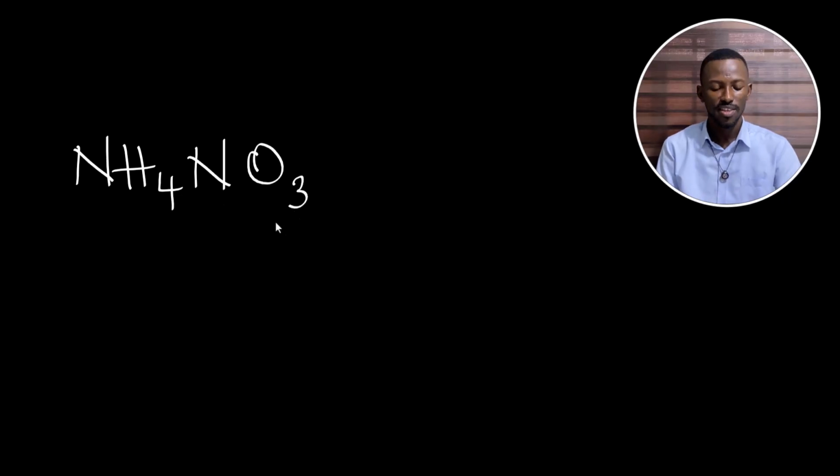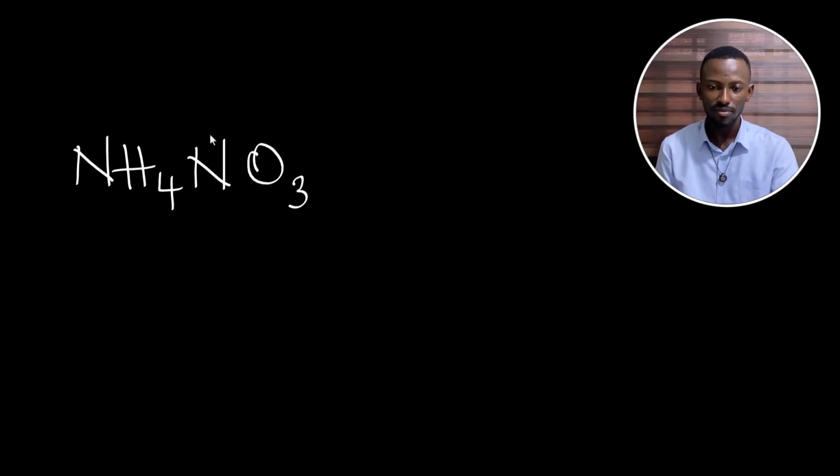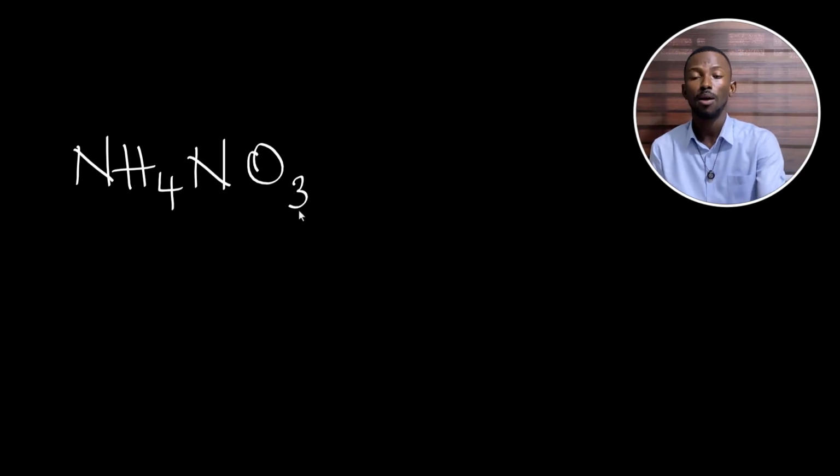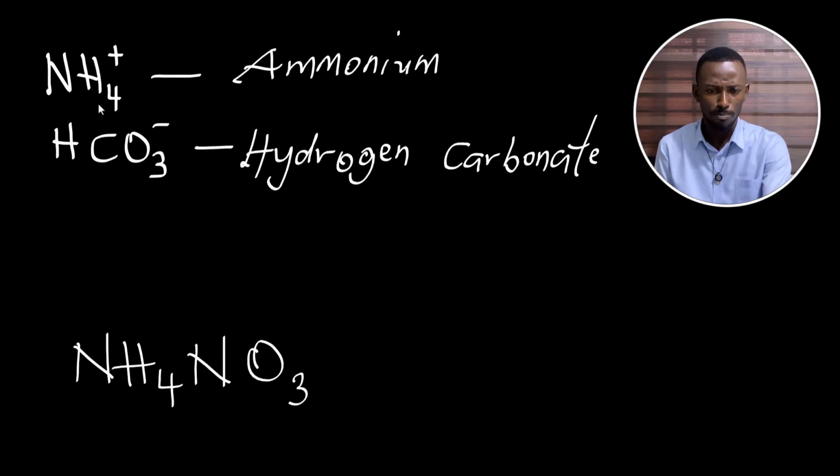Our next example is NH4NO3. If you think you know it and you are confident in yourself, then you can pause the video and name it and see. So how do we name this compound? We have NH4 and NO3. Let's look at our polyatomic ions. For our polyatomic ions, we have NH4+, and this is ammonium. You see?